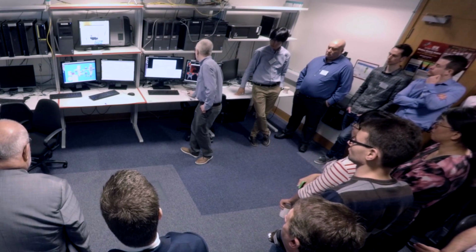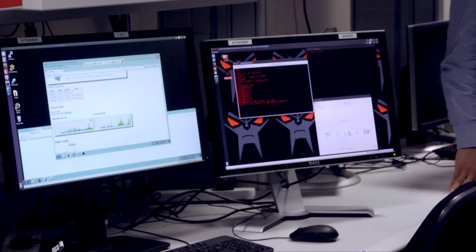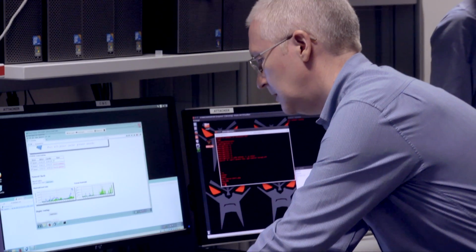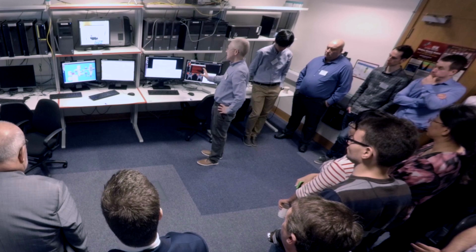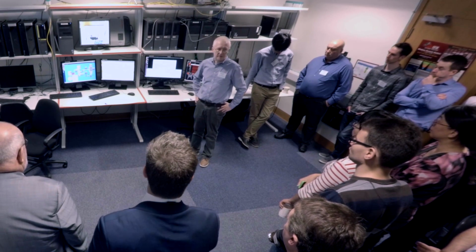So what they will be able to do is perhaps escalate the privilege, look at the file system, look at the network traffic, and in this case, what we've done is we've added a GUI to make it a little bit easier to see.